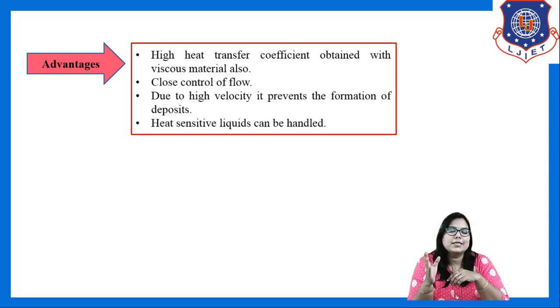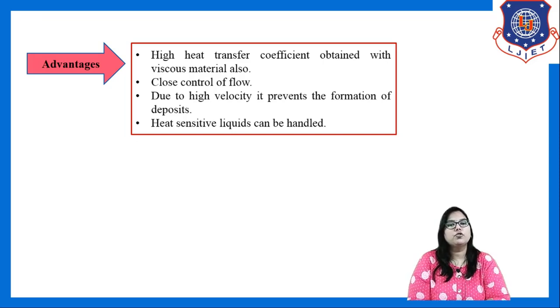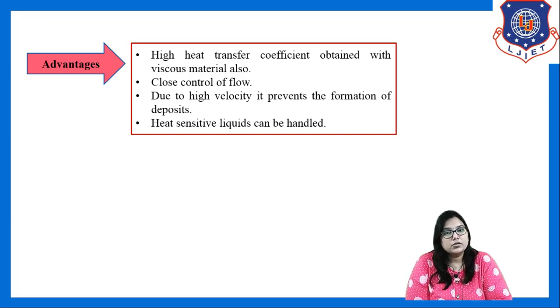So the first and most important advantage of using a forced circulation evaporator is that it gives a high heat transfer coefficient even with viscous material. Close control of flow. Close control of flow is possible only in forced circulation evaporation. Another advantage is that due to high velocity it prevents the formation of deposits on the heating surface, as we have discussed.